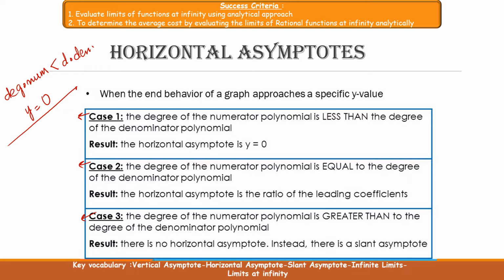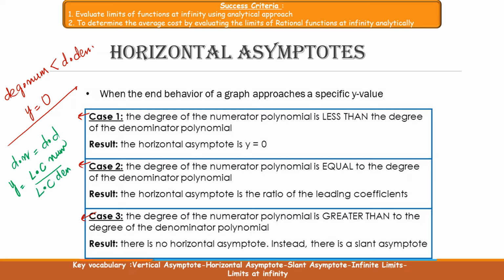Case number 2: if the degree of the numerator is equal to the degree of the denominator, then our horizontal asymptote will be the leading coefficient of the numerator divided by the leading coefficient of the denominator.